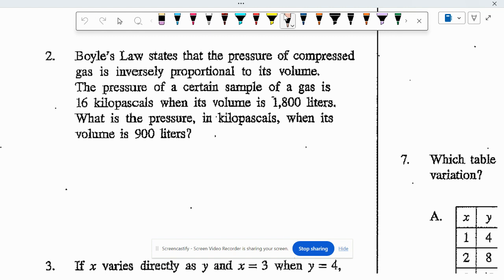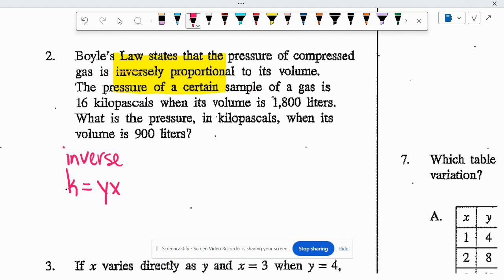Okay, it varies inversely. It says inversely. I just read it. So how do we find K? This is inverse variation. How do I find K? K equals y times x. So the pressure of a certain sample of gas is 16 kilopascals when its volume is 1,800 liters.